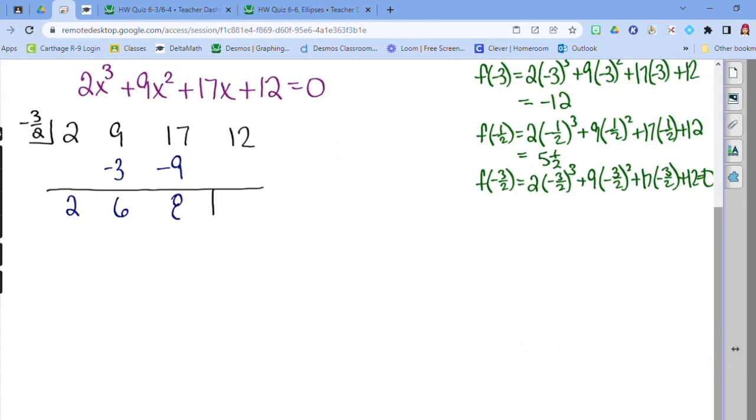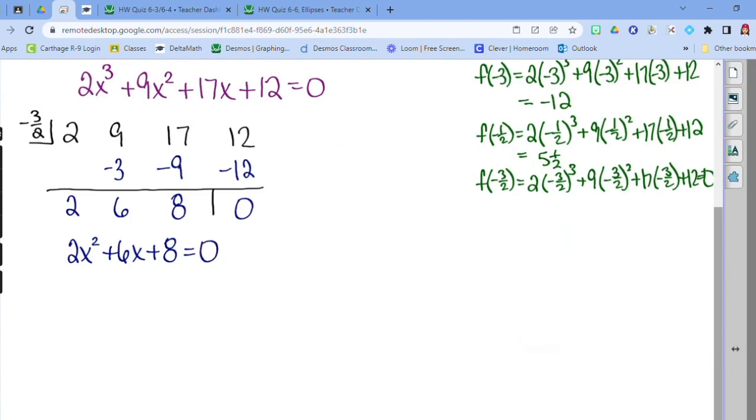So then I have 8. Eight times negative 3/2 is negative 12, and there's 0. So I have 2x squared plus 6x plus 8 equals 0.